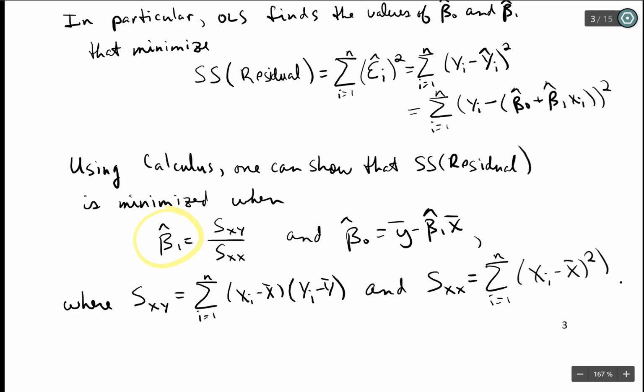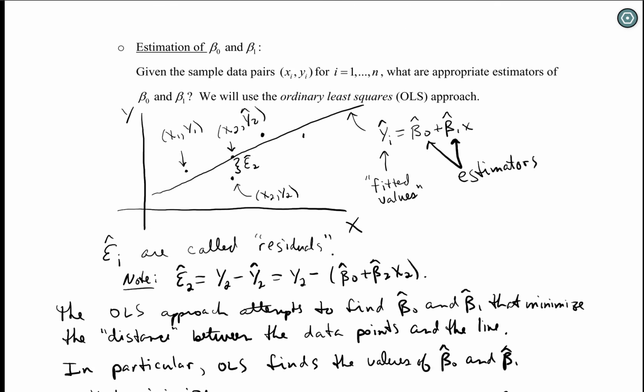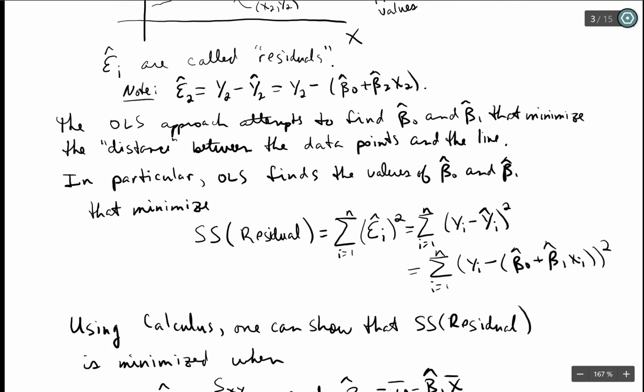This method is called the method of ordinary least squares to find our estimators. It's called least squares because we are minimizing a function that involves squared residuals.